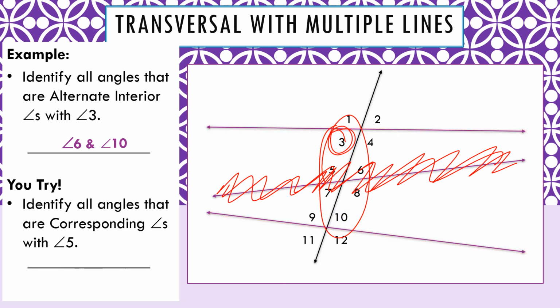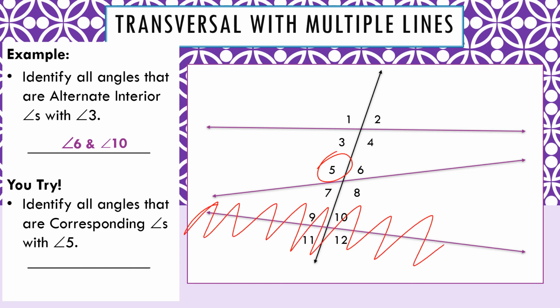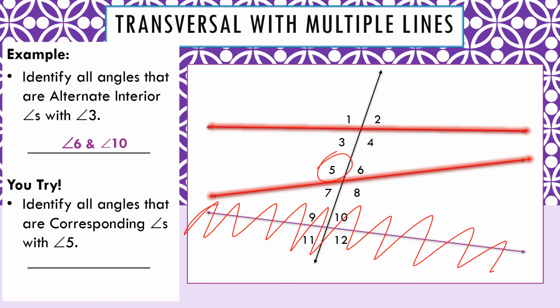Okay, now we are going to identify all angles that are corresponding with angle 5. So first one, we want to not deal with the bottom one. So between the top 2 lines, which one's corresponding? It would be angle 1, because they have to be on the same side, but one has to be interior, which would be angle 5, one has to be exterior, which would be angle 1.